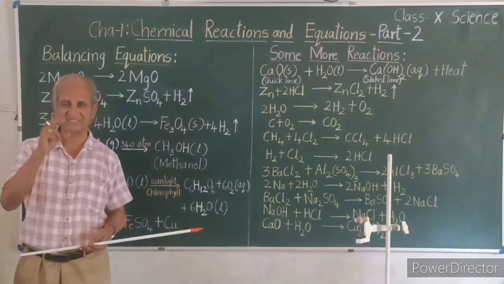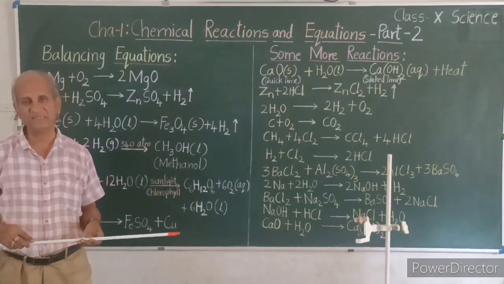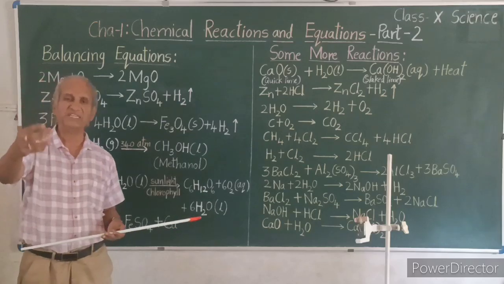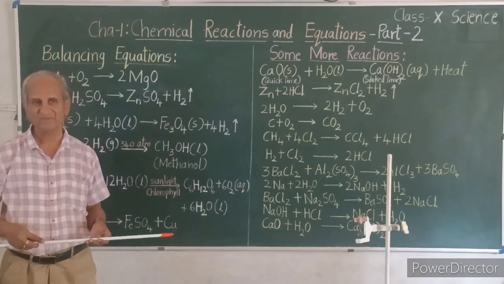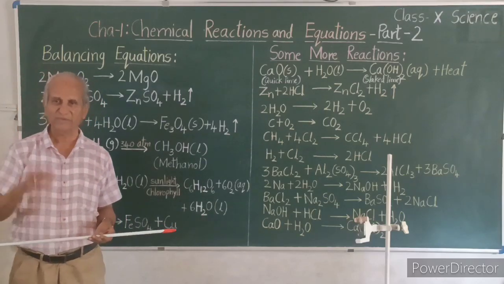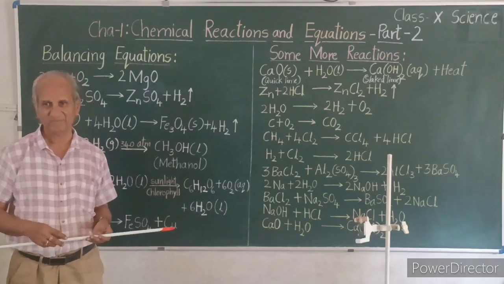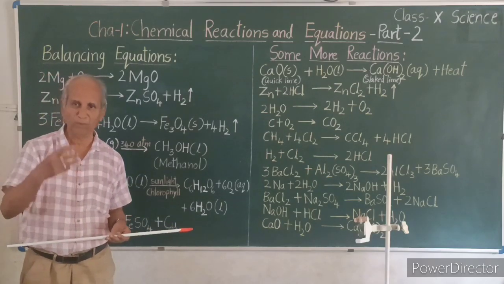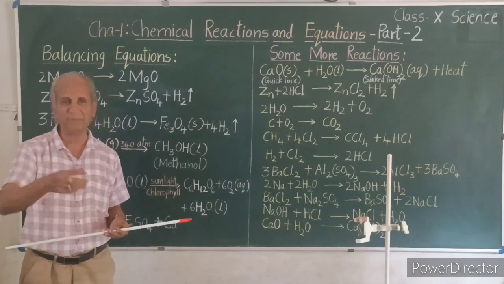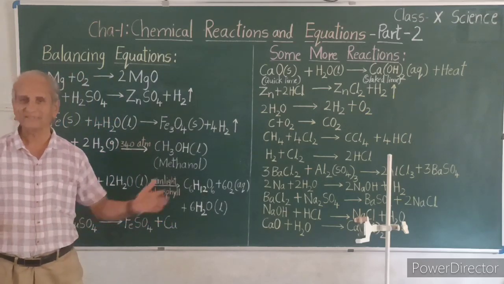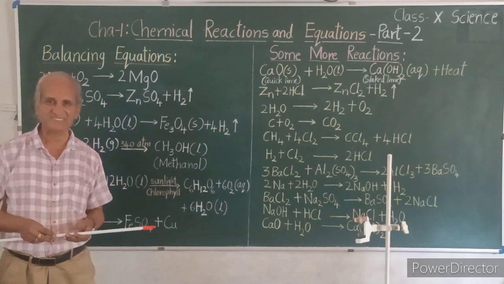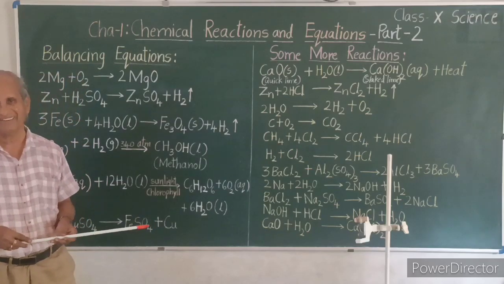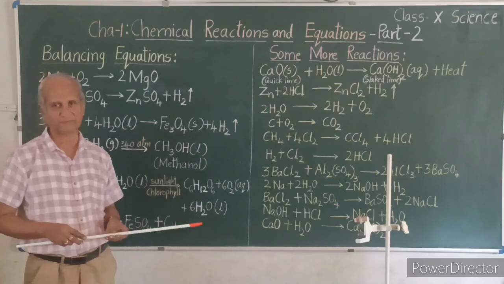Once we write an equation in the form of words, we try to put it in the form of a formula. We use symbols. We try to learn more and more about that chemical change, and that is all the stuff we deal with in the field of chemistry.